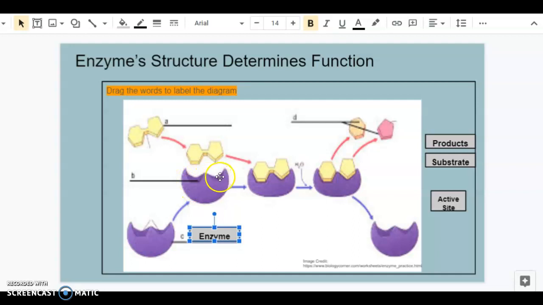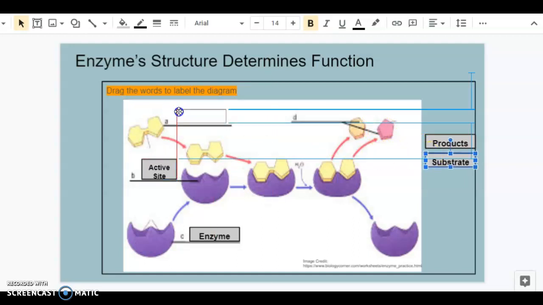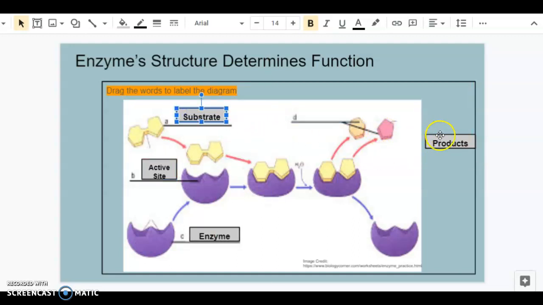The place where it has a very specific notch and groove and fits in with some other chemicals, that's where the action happens, is the active site. What you have left is the chemicals before and the chemicals after. The before are called the substrates, and the after, the things that are produced, are called the products.